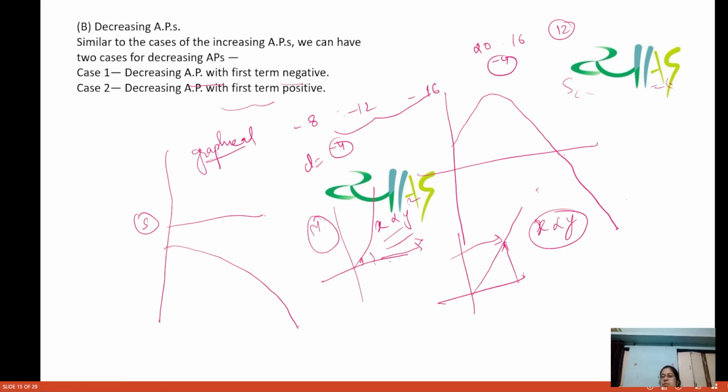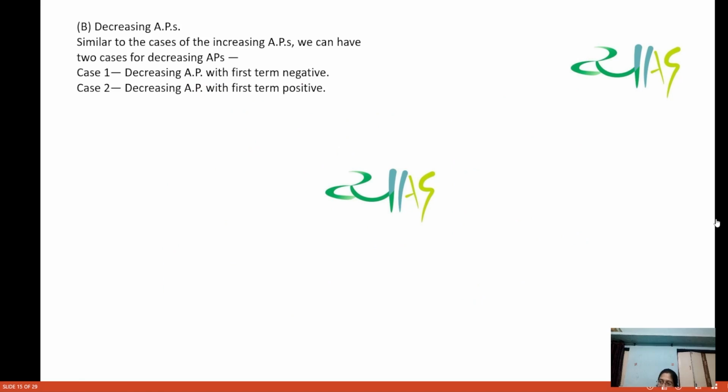So there is a little bit of minor concepts in this. Okay, so try to interpret graphs as well.